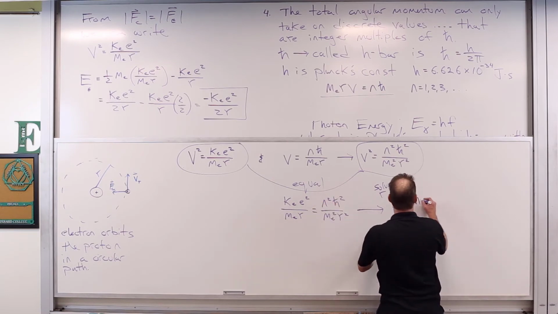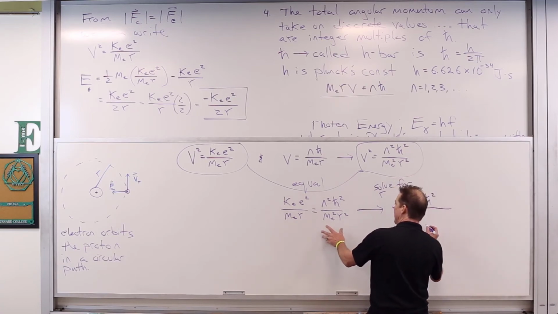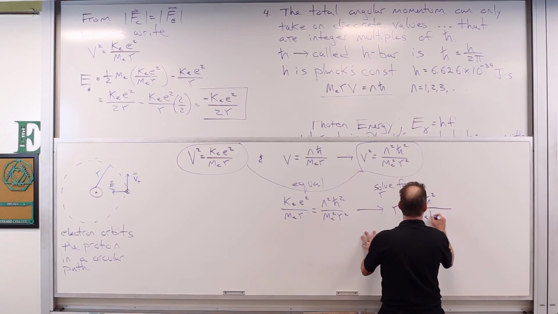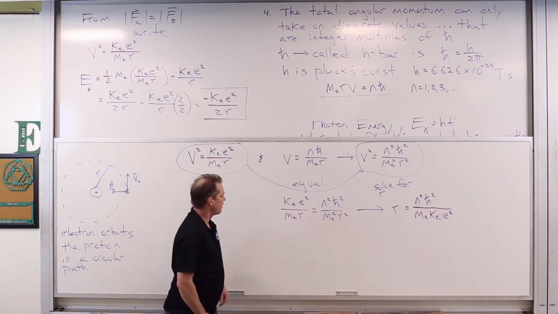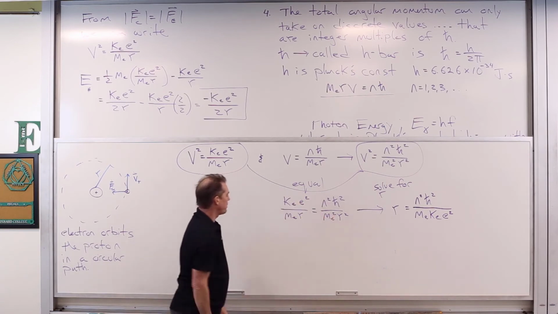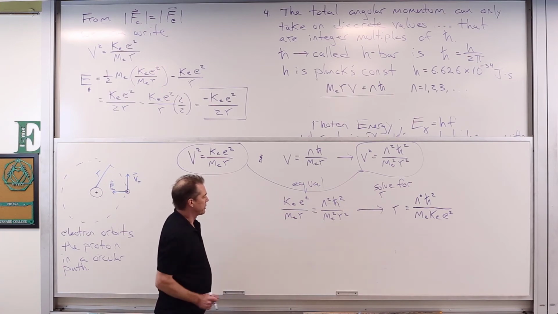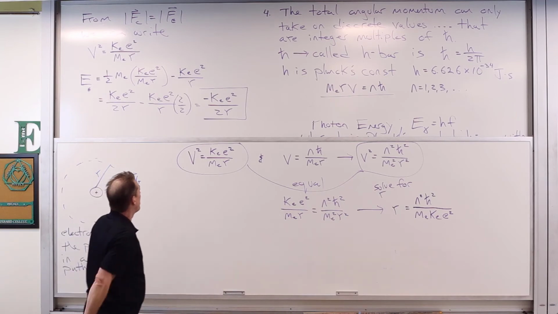We're left with n squared h bar squared, and we have it divided by m sub e times k sub e times e squared. Squared goes down, k sub e goes down, m sub e goes up, cancels that one factor there, and this r came over here and cancels that one factor of r. Boom, that looks good to me. So there is our r value.